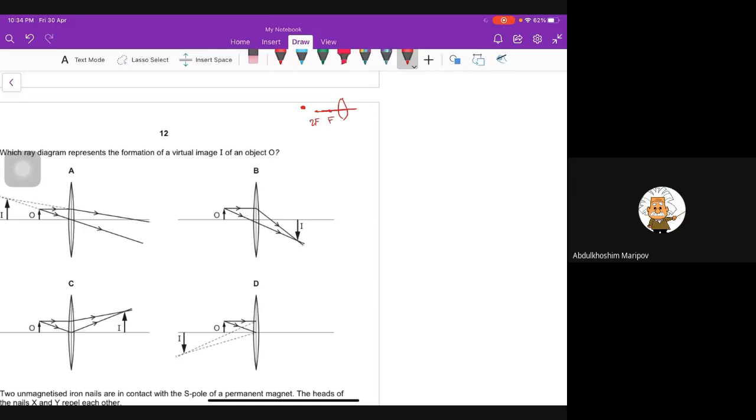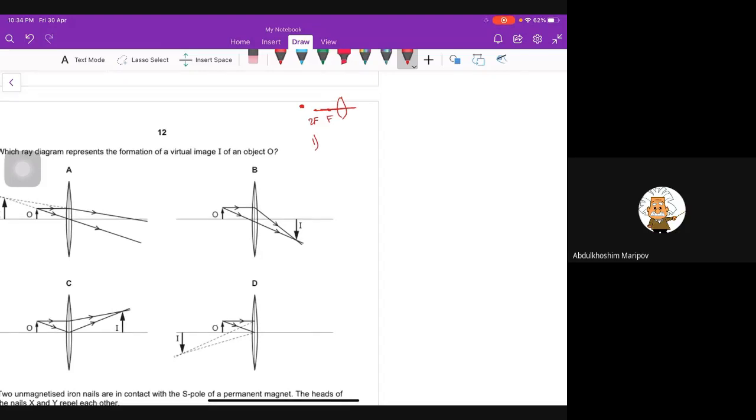First case, of three cases: if your object is between 2f and f, let's say your object is here, the rays go here, and your image will be around here.